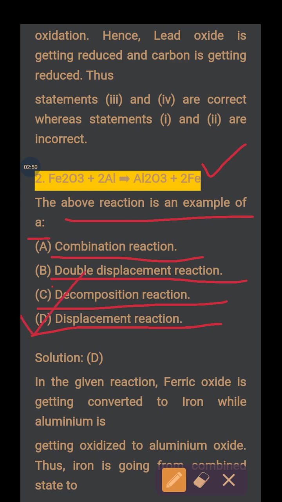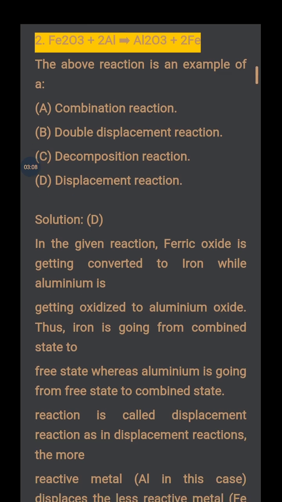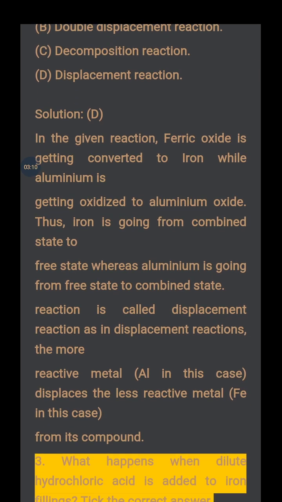Why? In the given reaction, the ferric oxide Fe2O3 is getting converted to iron, while aluminium is getting oxidized to aluminium oxide. Thus, iron is going from combined state to free state, whereas aluminium is going from free state to combined state.